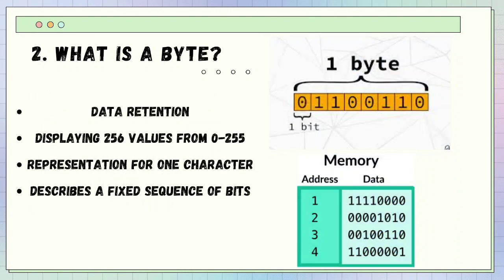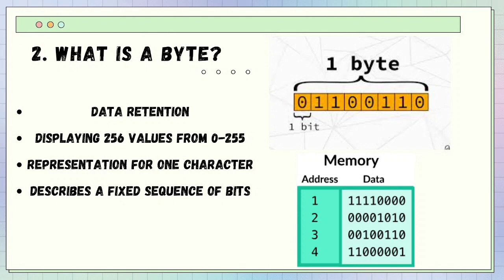The next is byte. The byte is the unit used to store data in computer memory. Yet the bit is the smallest unit used to represent information in the computer. The byte is also the smallest unit of memory processed in the computer system.